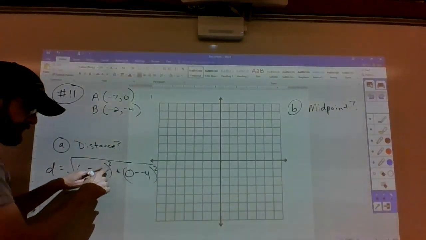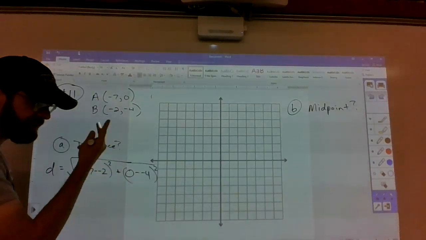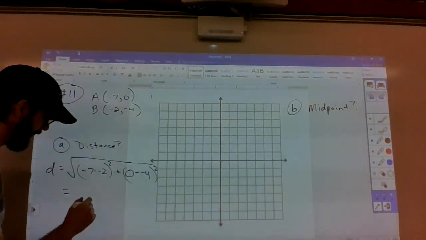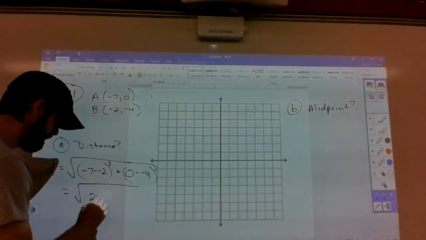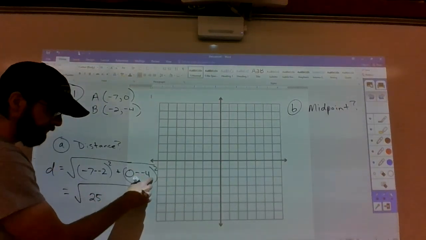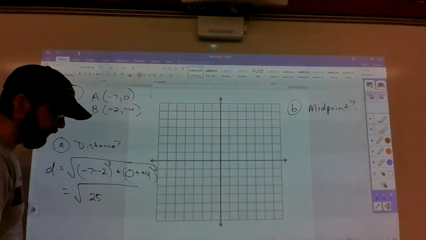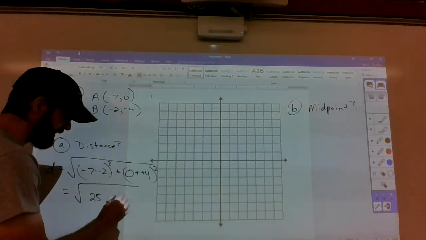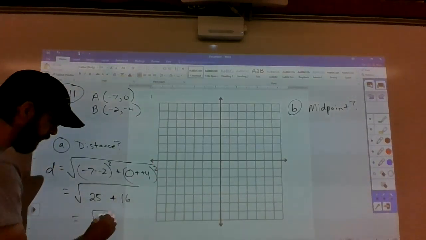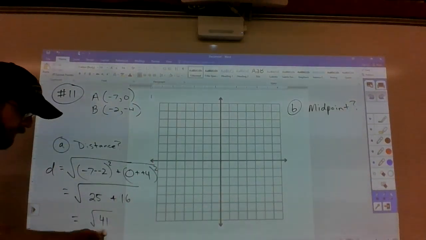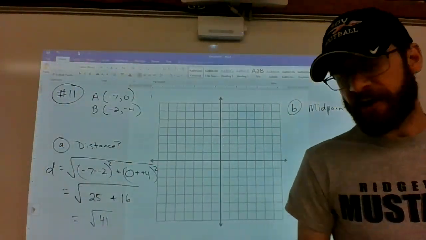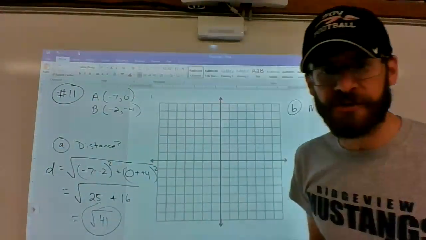Negative 5 squared is negative 5 times negative 5, which yields a positive value. And then 0 minus negative 4 is like 0 plus 4. 4 squared is 16, and you're left with root 41. 41 is a prime number, so we can't simplify that any further, so root 41 is our distance.